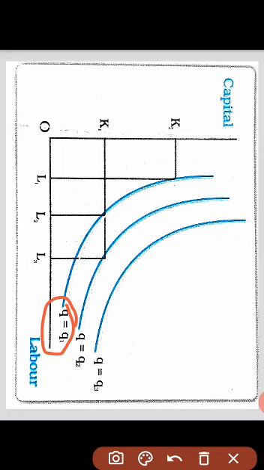Here we are not writing IC, because IC means indifference curve. For the indifference curve we write IC; here we write Q. Q means isoquant. Here the first isoquant curve, second isoquant curve, third isoquant curve.